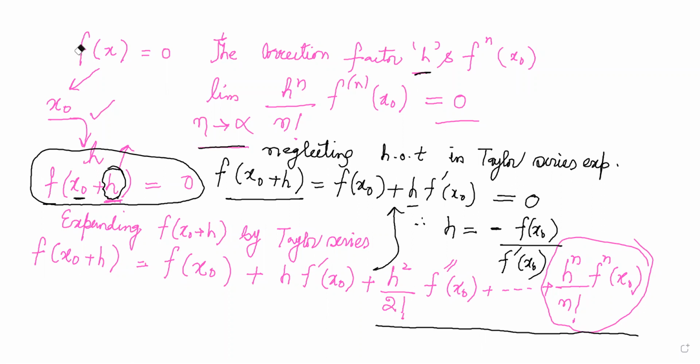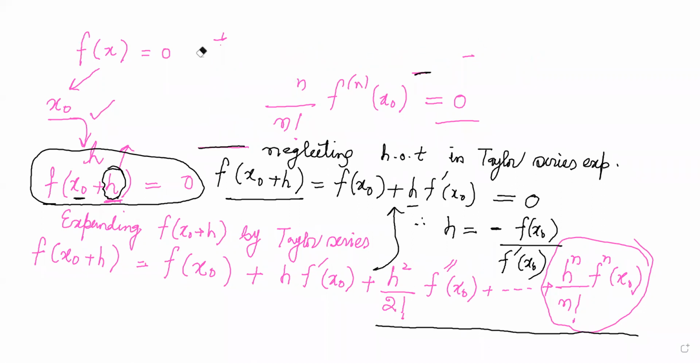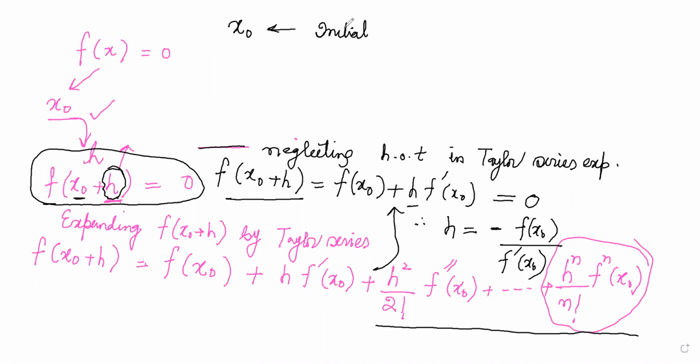If we return back, we started the entire process using x naught as an initial approximation. This was our initial approximation. We started with it.